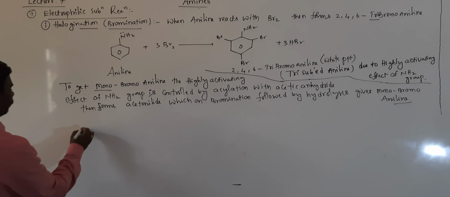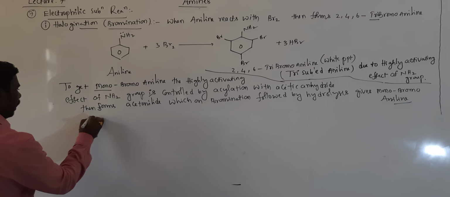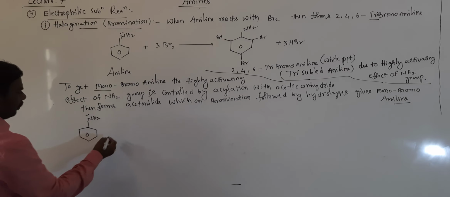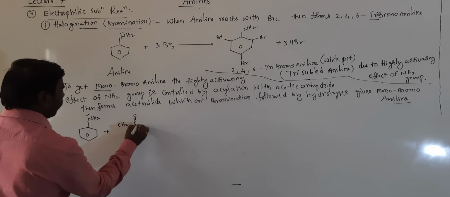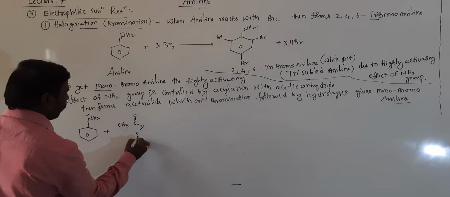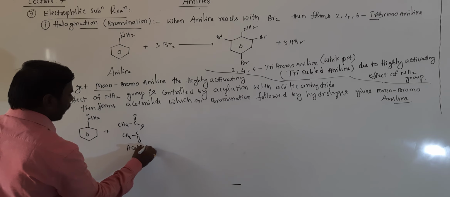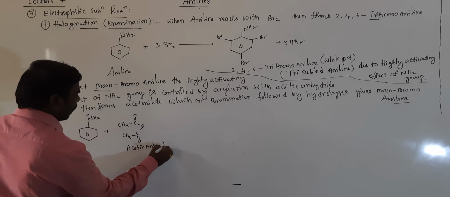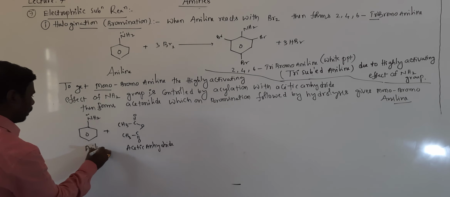Now, how it is possible? First of all, benzene ring NH2 aniline group treated with CH3 C double bond O C double bond O CH3. It is acetic anhydride, acylation. It is aniline.